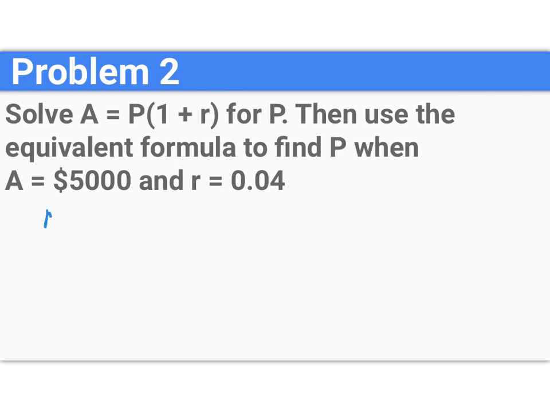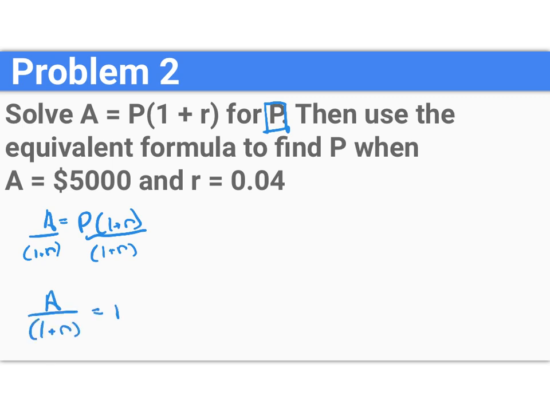So technically what you're supposed to do is A equals P times 1 plus R. We want to solve for P. So if we divide 1 plus R on both sides, we get A over 1 plus R equals P. And then you stick your numbers in.